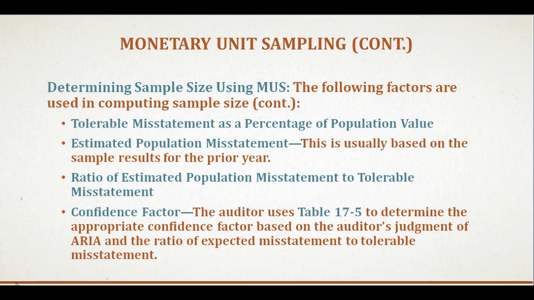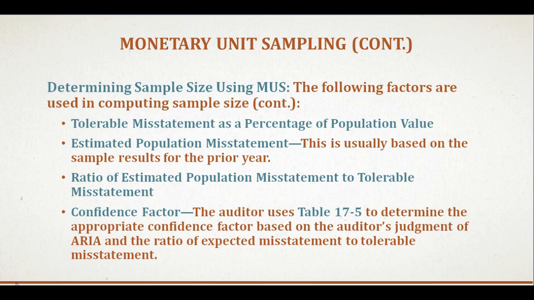The following factors are used in computing sample size when using monetary unit sampling. The tolerable misstatement as a percentage of the population value. The estimated population misstatement. This is usually based on the sample results for the prior year. The ratio of estimated population misstatement to the tolerable misstatement.